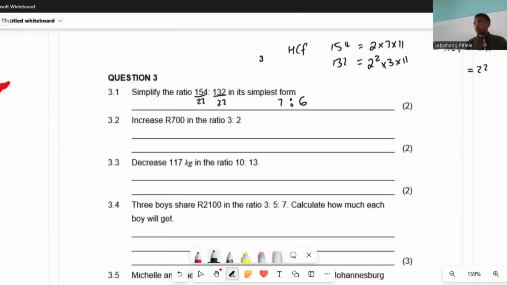Should we continue now? So this part, this question here, 3.2 and 3.3. For now in class, I get 28. And I think I told you guys to skip it as well, right?